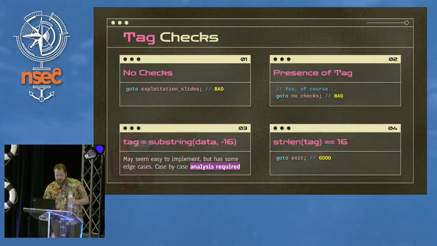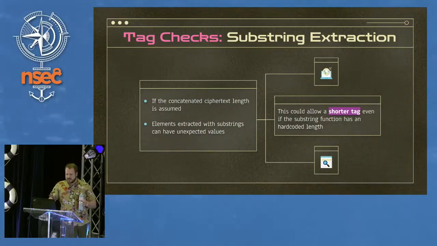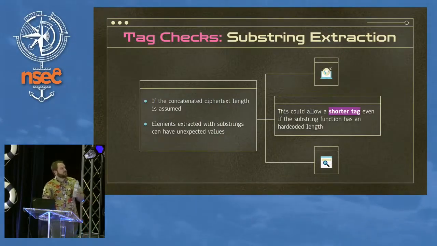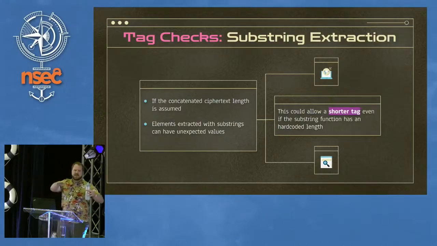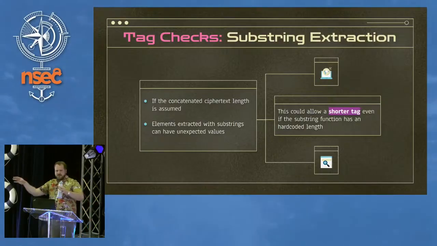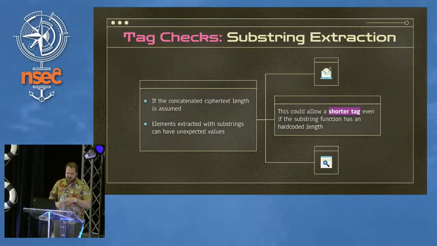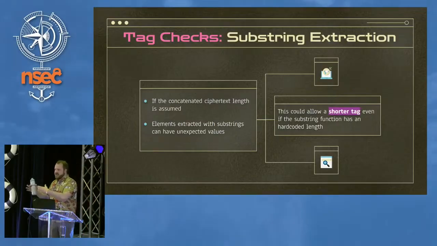And then you have substring. So it may seem easy to look at, but it requires an analysis. So we'll go into this. And then we'll go further with that. So when you extract the tag, remember it's ciphertext, nonce, tag, could be tag first, whatever. Whatever the order doesn't change, it's just that we know the length of the tag that we expect, we know the length of the nonce, so we're able to extract it with substrings.